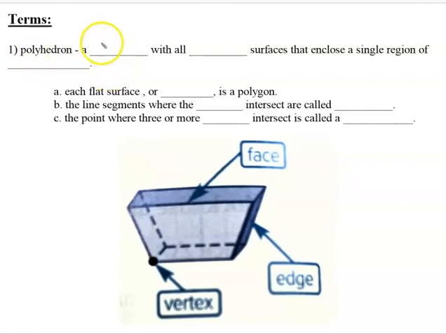Polyhedron. It's a solid with all flat surfaces that enclose a single region of space. Okay, and I've given you a diagram here, a little picture to help you with some other terms that we're going to identify to complete this definition.